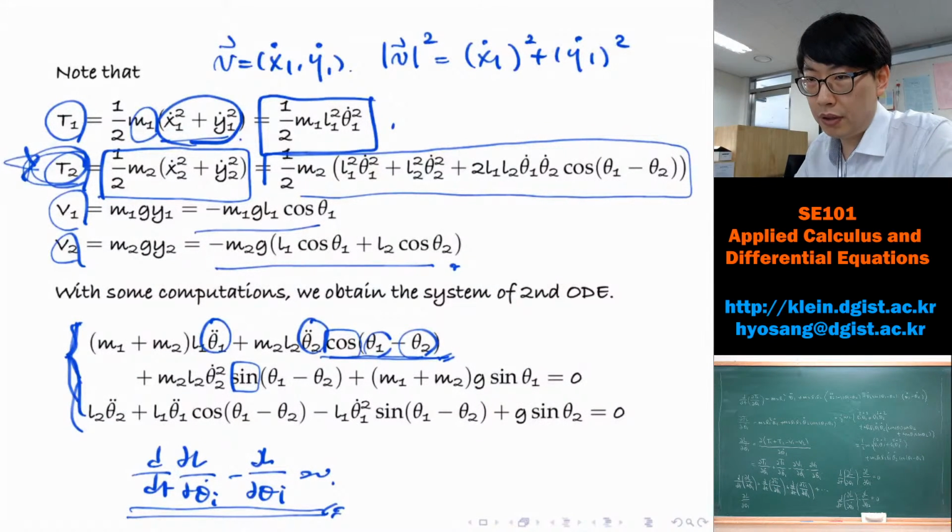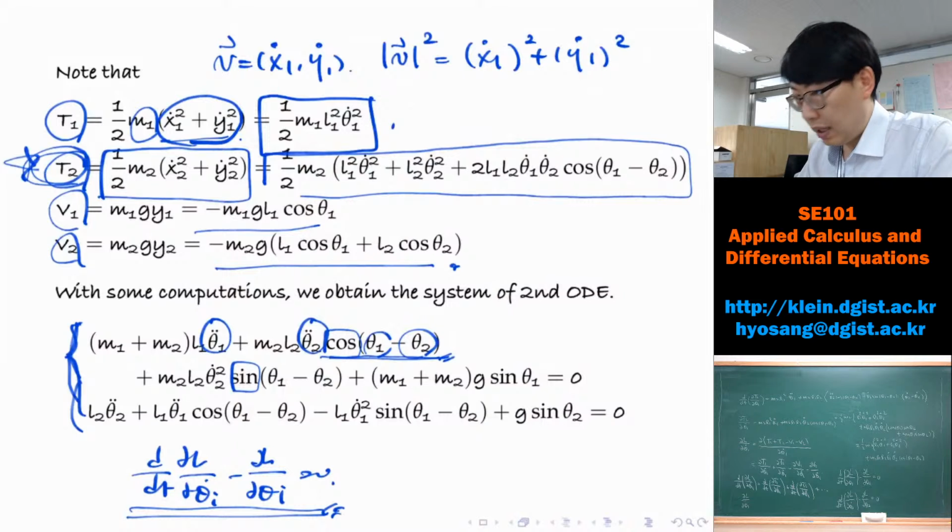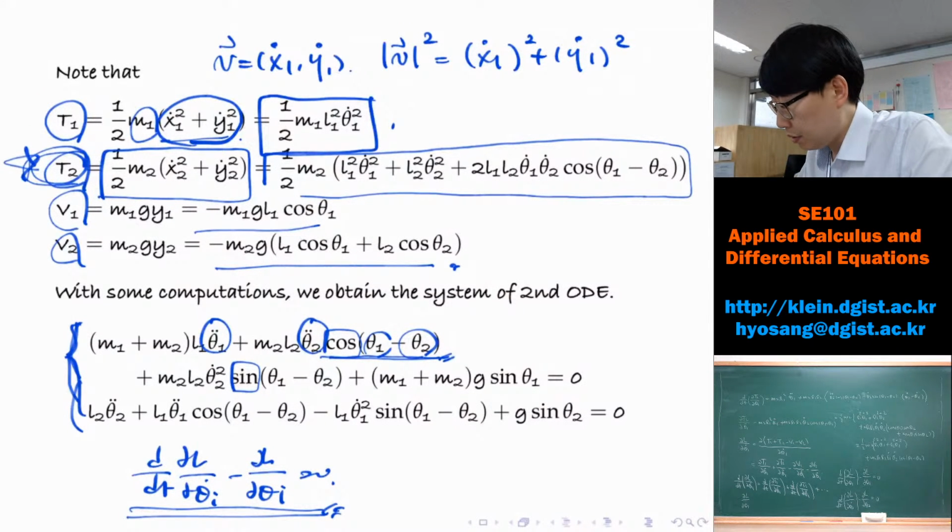So this is not a linear equation. This is not a differential equation that we can solve easily. However, I will show you how to do this by hand. Before that, let's try to linearize this differential equation.